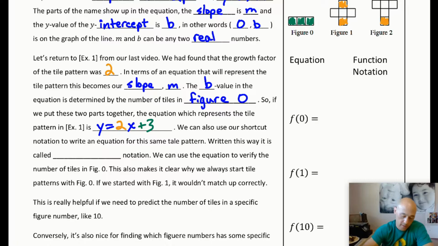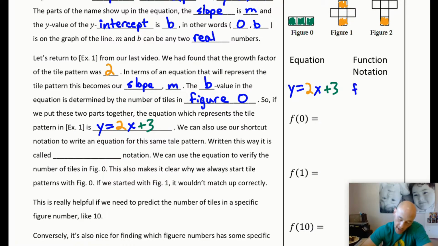Let me write that over here in our example. So we have y is equal to 2x plus 3. And in function notation, we can use our shortcut notation. Remember last video we used this shortcut notation.